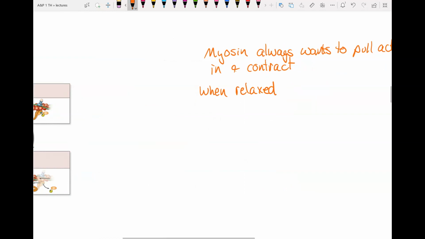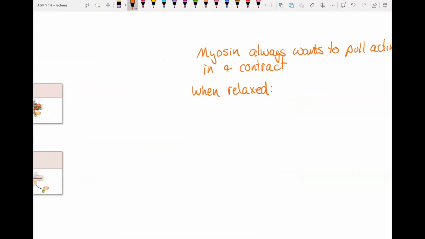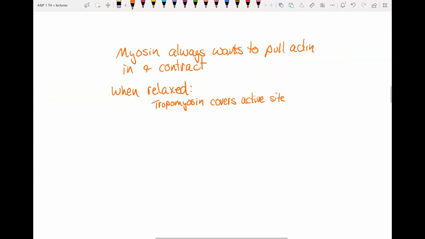So when the muscle is relaxed, tropomyosin covers the active site on actin.